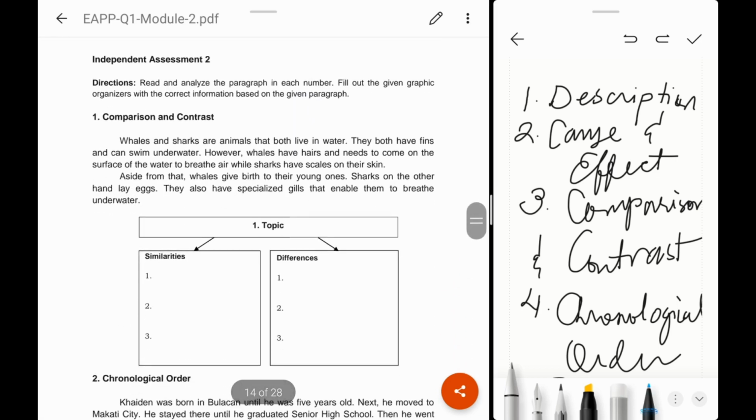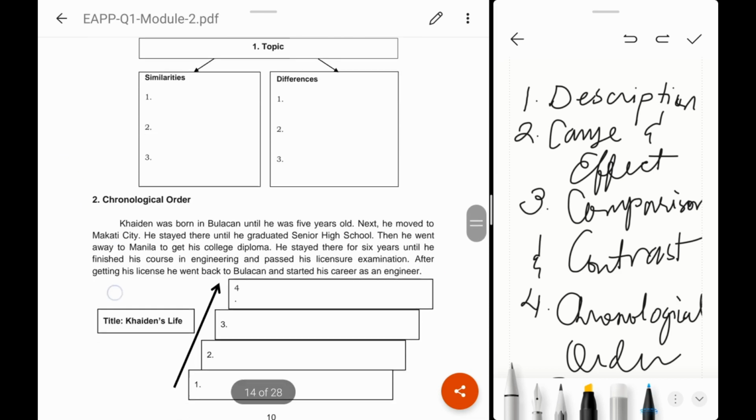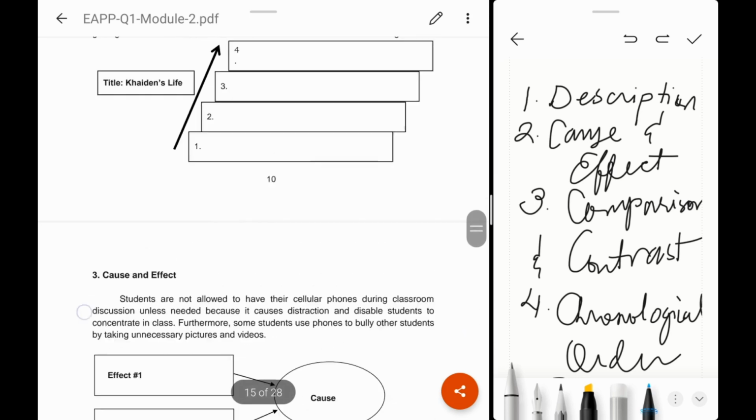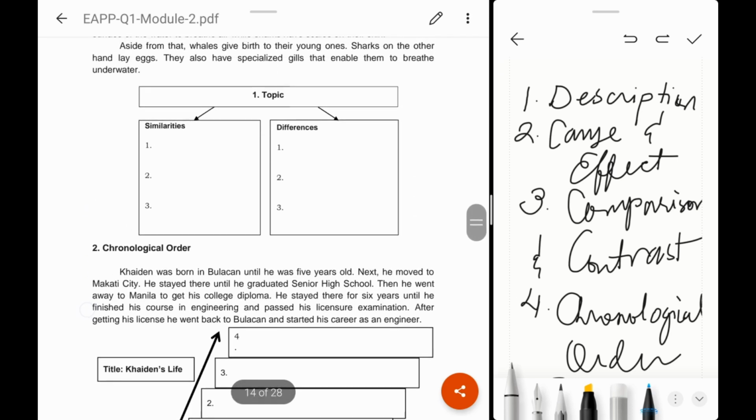Let's go to independent assessment 2. Here, the directions are: read and analyze the paragraph in each number. Fill out the given graphic organizers with the correct information based on the given paragraph. Obviously, in here, the different text structures are given.